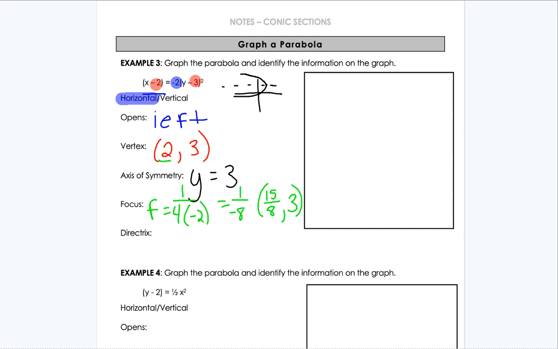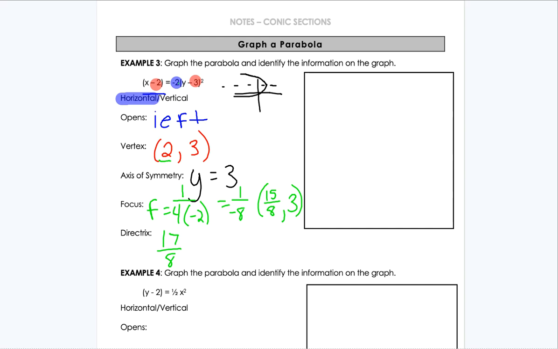And then my directrix. Remember, the focus is on the inside of the parabola, and the directrix is on the outside of the parabola. So my directrix is 1/8 in the other direction. That means I'm going to add, so my directrix is going to be at 17/8, 1/8 more than 2.